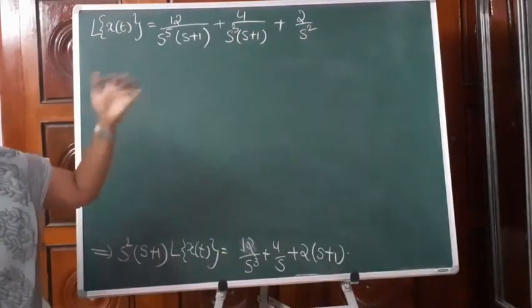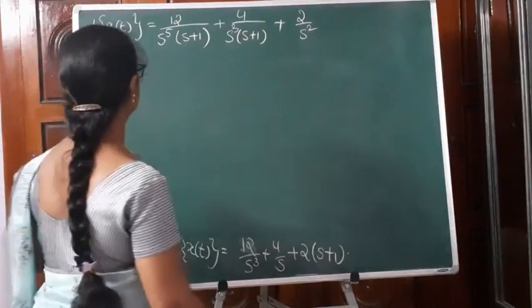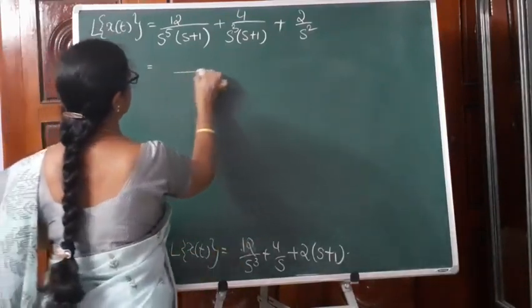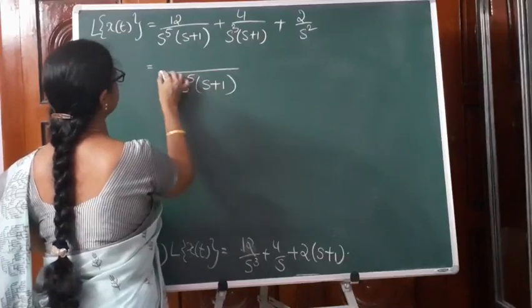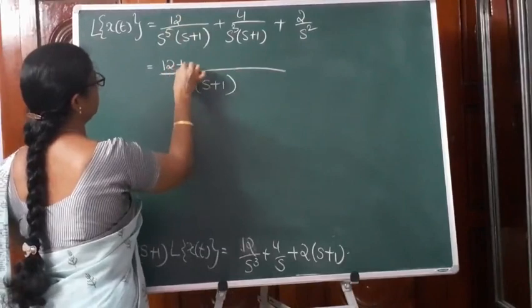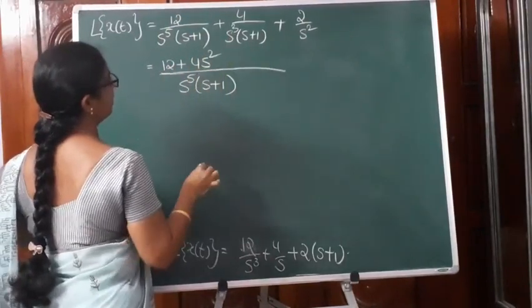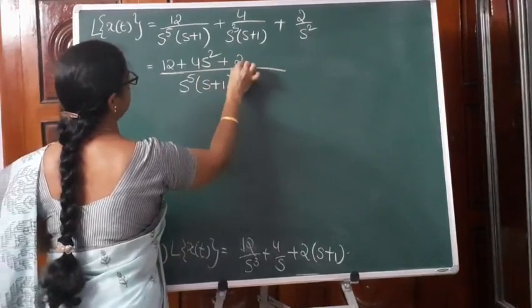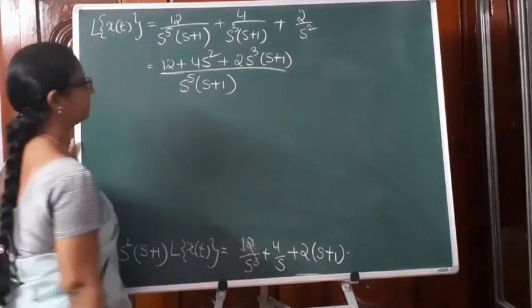Or we can make it into a single term by taking the LCM of all these terms. What happens if we take the LCM? LCM is s power 5 into s plus 1. And the numerator, this is 12 here, and here we get 4s square, and there we get 2 into s cube into s plus 1.